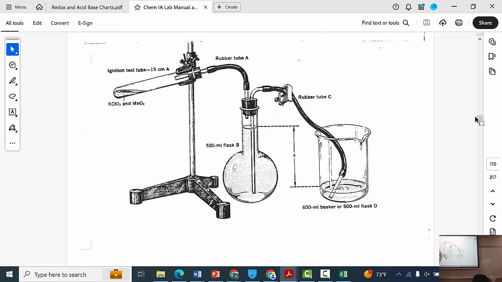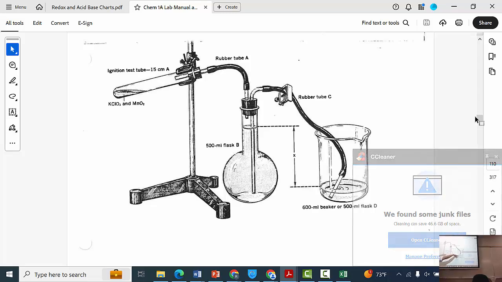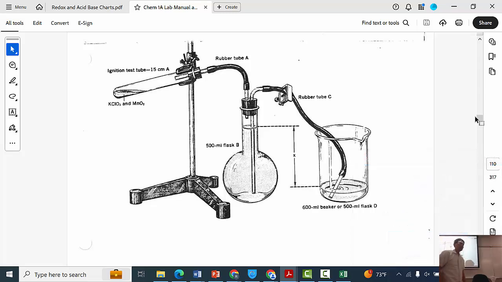As the oxygen gas is generated, it's going to add to the air already in here and push the air into the flask. As it pushes the air into the flask, the water is going to go out this overflow tube into the beaker here. But we want to make sure that there's no air in this overflow tube. Because if there's air in the overflow tube, then we don't know how much water is being pushed out, because all that air comes out first before the water.